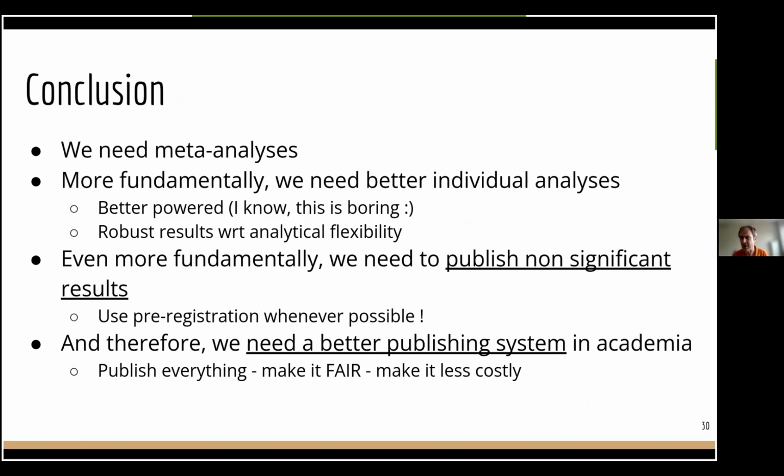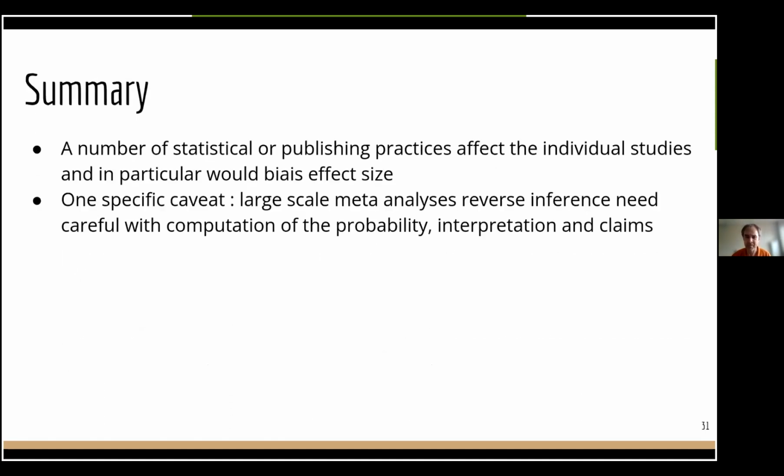I mean, that file drawer effect is really tremendous in terms of how we aggregate results across studies. If we don't see all those studies, we won't be able to do a reasonable job. And therefore, we probably need a better academic system for publishing, and that's something that hopefully will improve in the future.